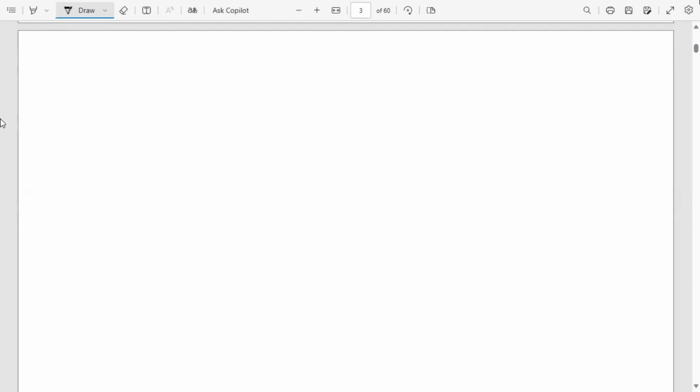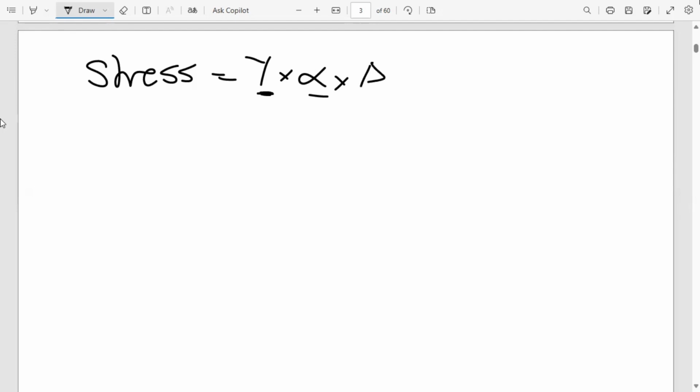We're going to use this formula: stress is equal to the Young's modulus, the compressive Young modulus in concrete, multiplied by alpha, representing linear expansivity, multiplied by the change in temperature, and that is the formula that is going to give us the stress that we are looking for.